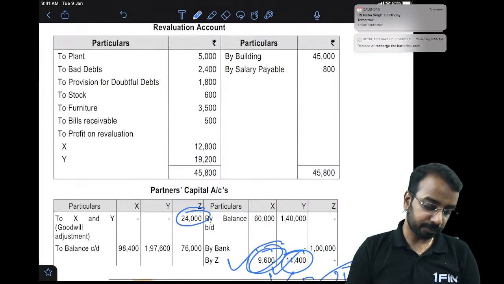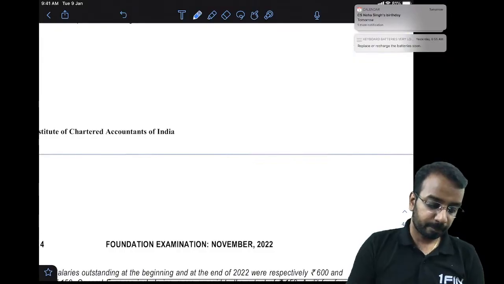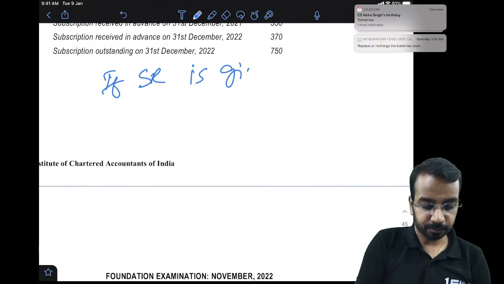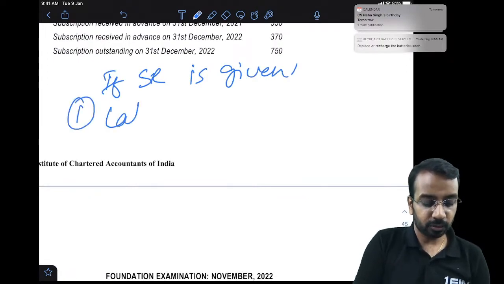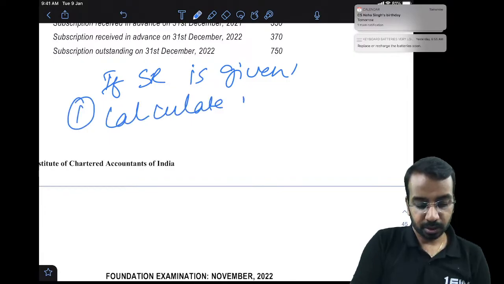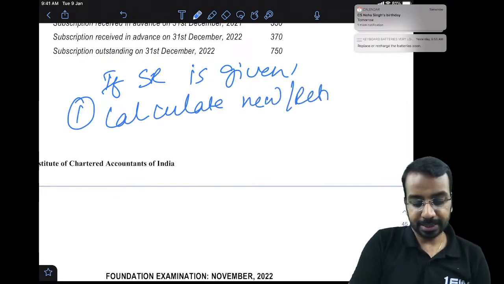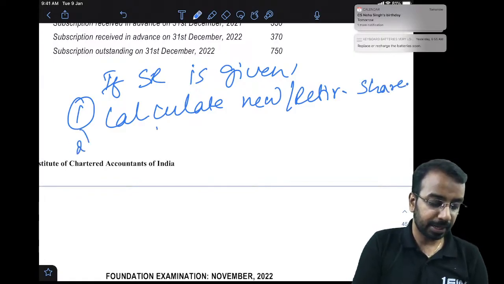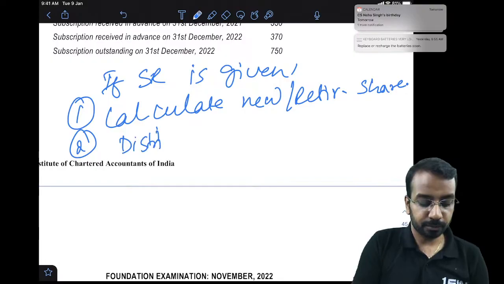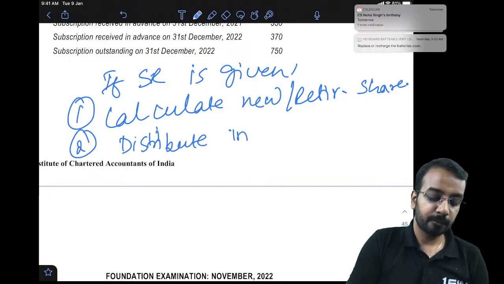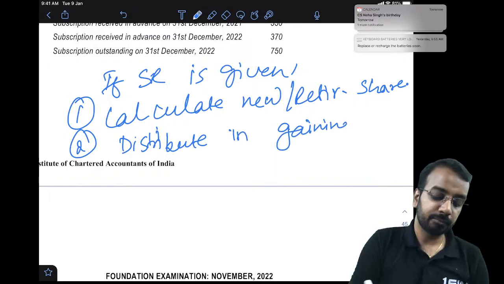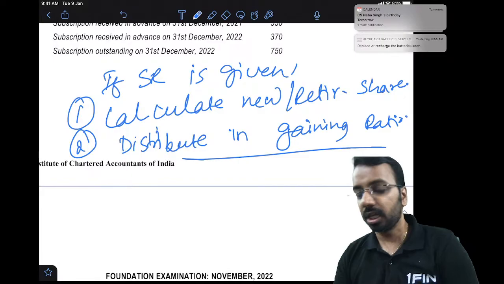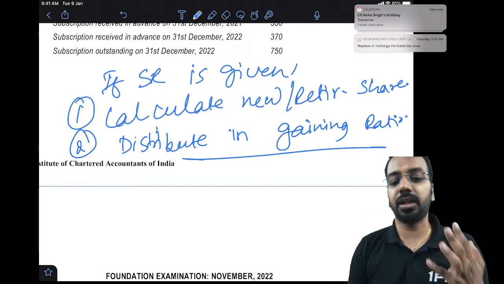So in this aspect, if the sacrifice ratio is given, first calculate the new partner or retiring partner's share, and second, distribute it in the gaining ratio.